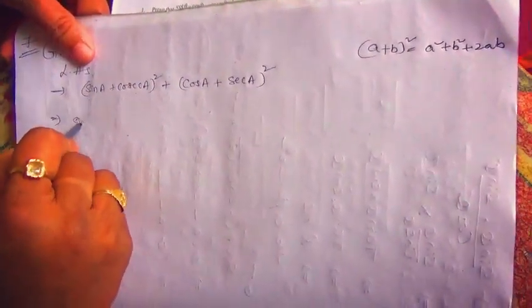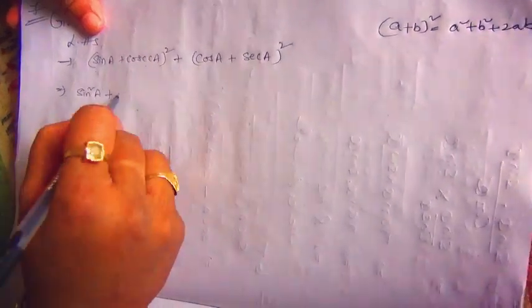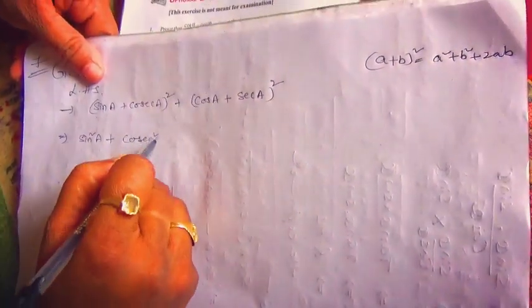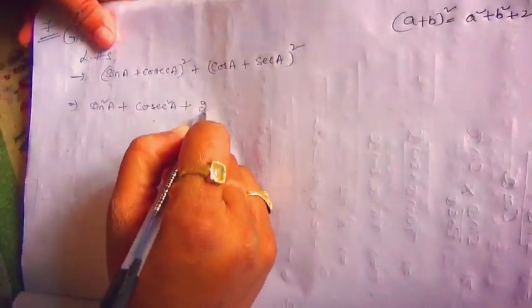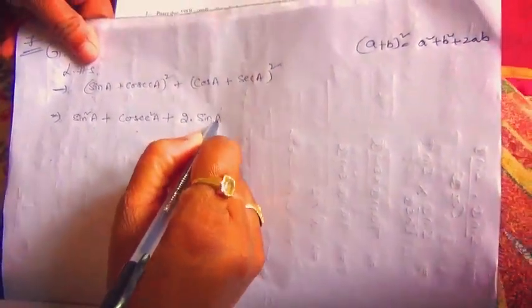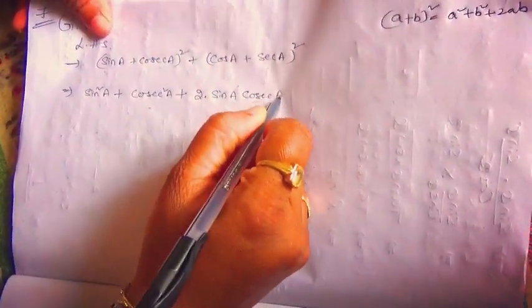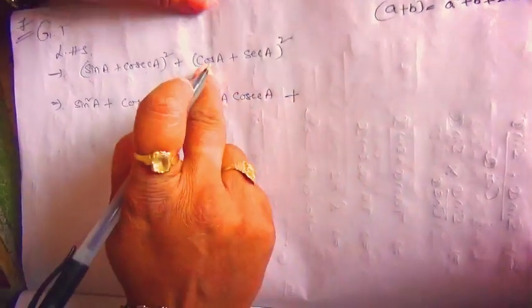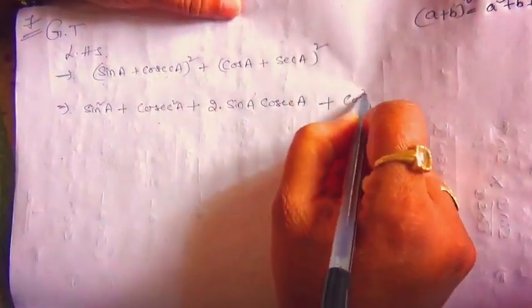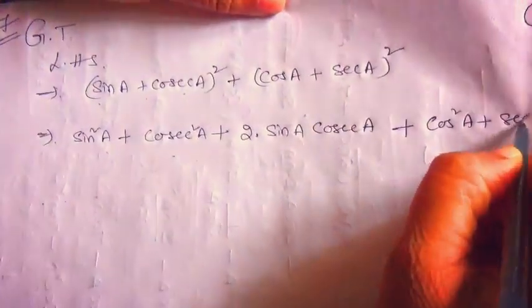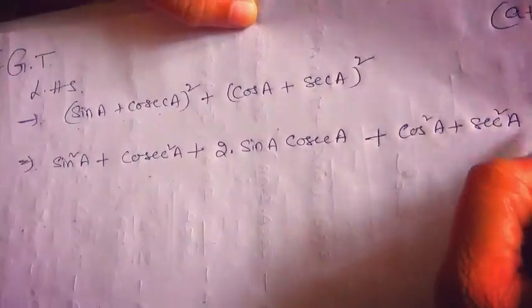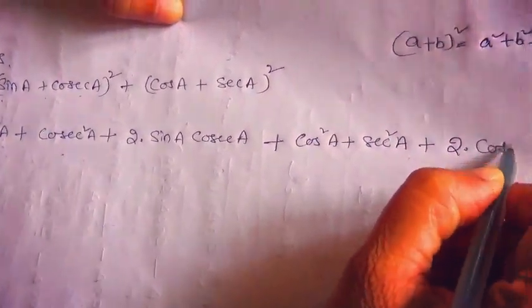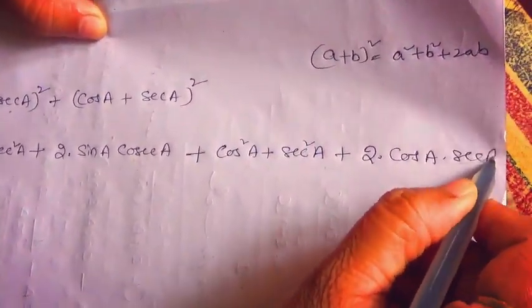Sin square a plus cosecant square a plus 2 sin a cosecant a, plus cos square a plus secant square a plus 2 cos a secant a.